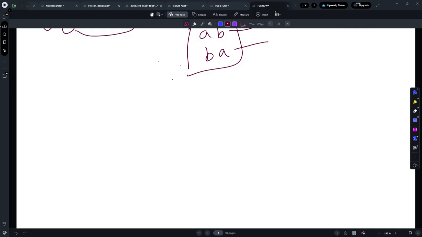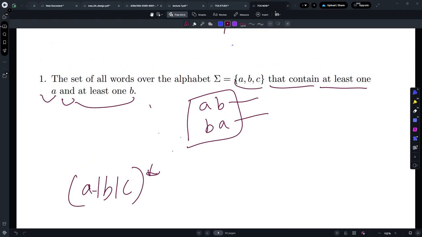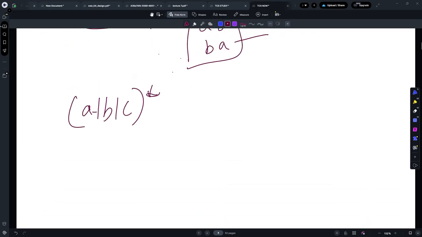Meaning, first let's try to make a regular expression for this. It says we have A, B, or C in the word, of course. But there's nothing about C that we have to be careful about. There's a condition about A. Let's first make a path for AB.